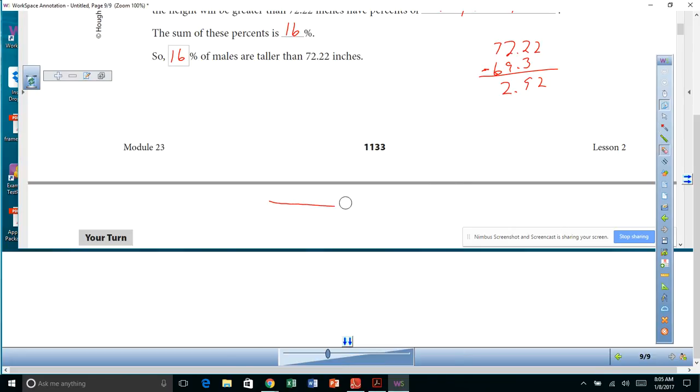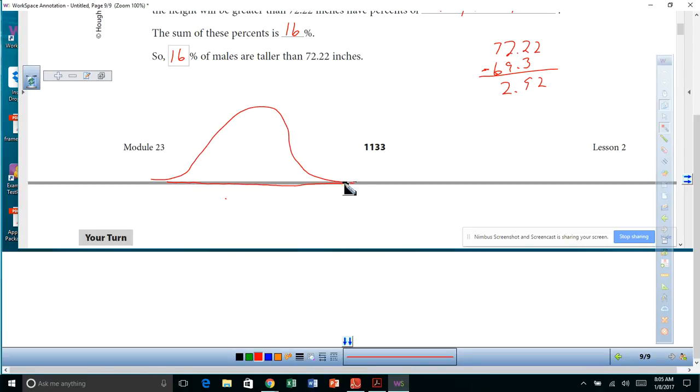All right, so right here, what does this measure here? That is 69.3. That's the mean, 69.3.